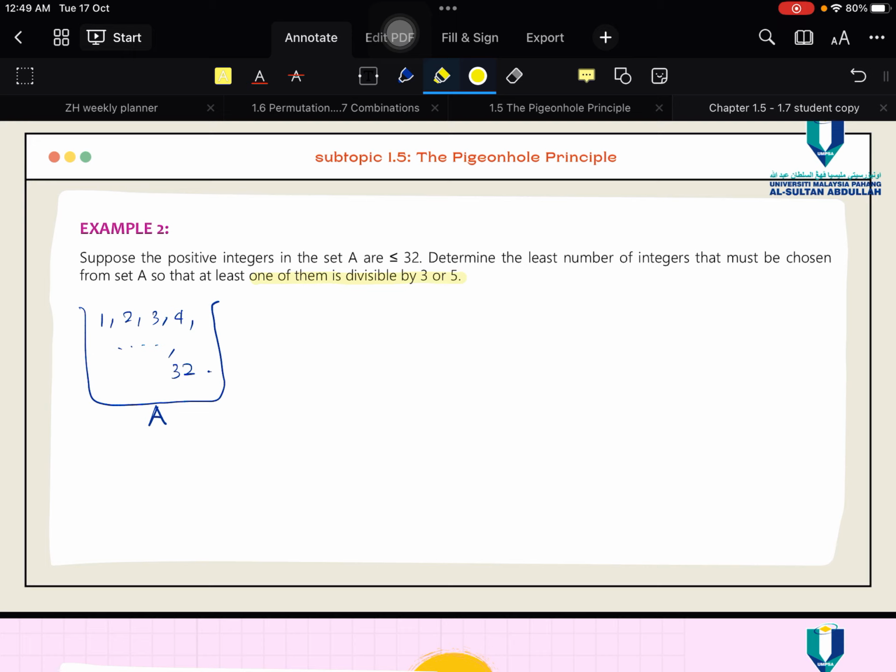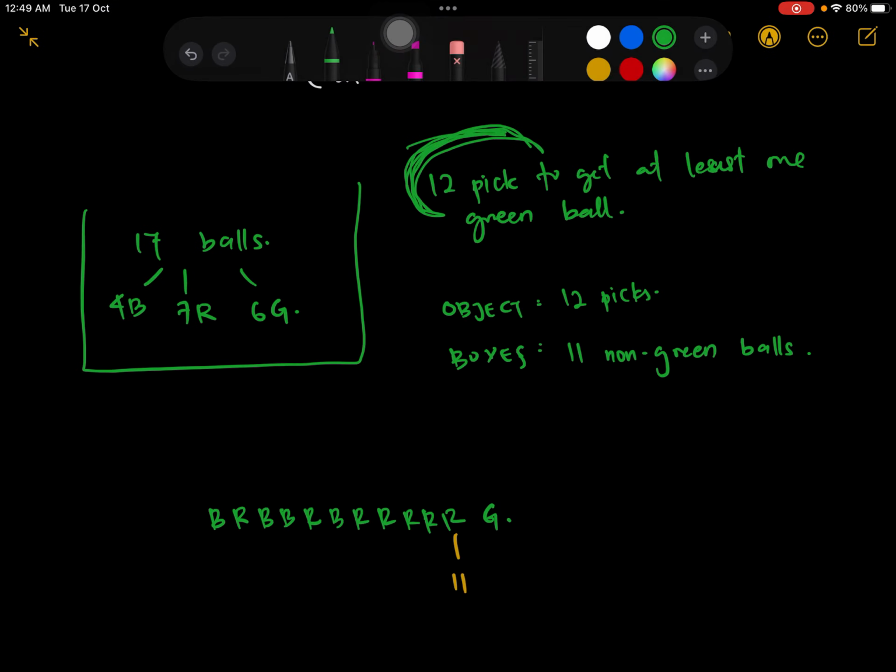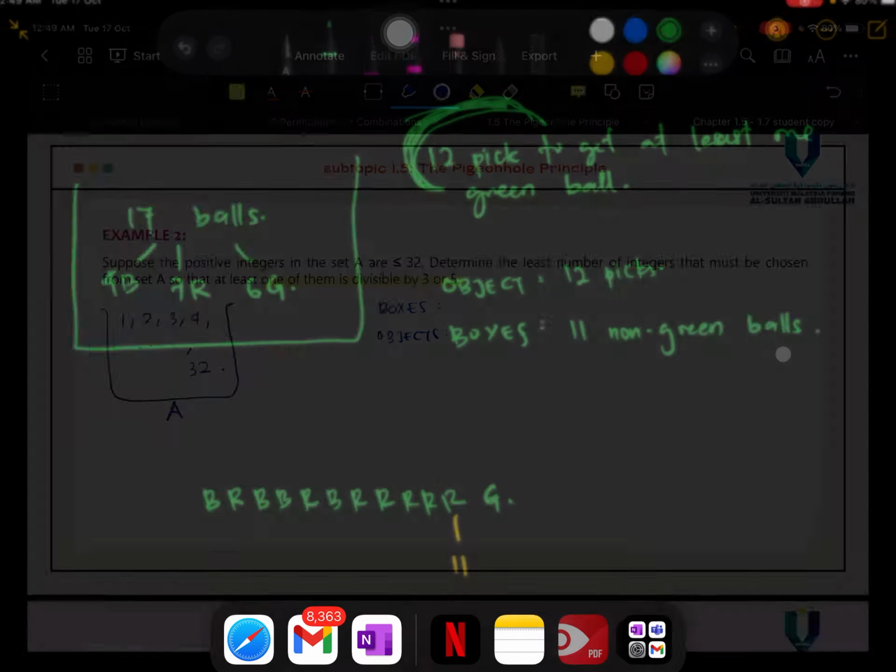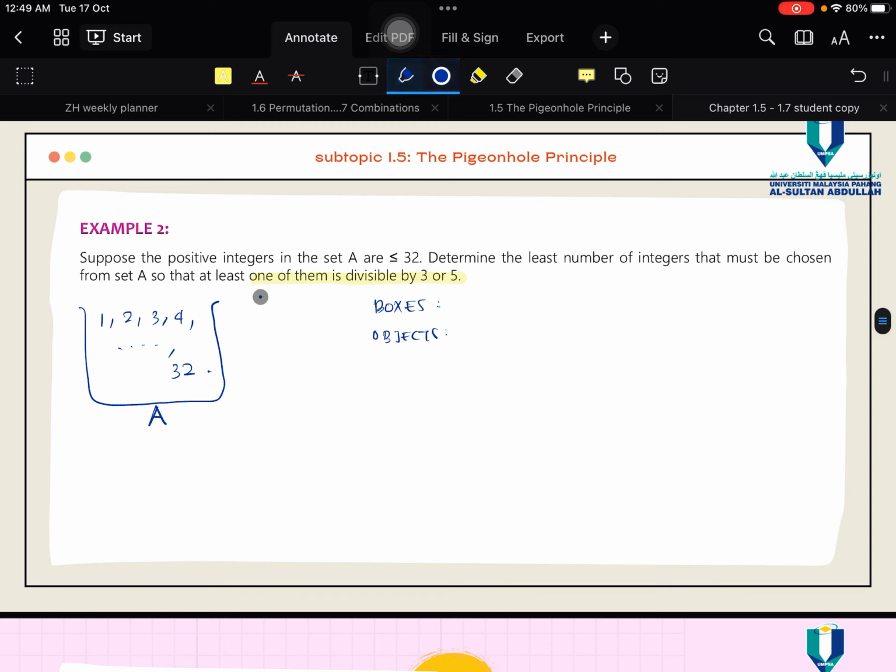So kita pun kalau ikut konsep tadi tu, kalau tengok balik, kita nak dapat at least one green ball. Box kita apa? Box kita adalah semua yang non-green balls. Betul? Sekarang kita nak dapat integer divisible by 3 or 5.